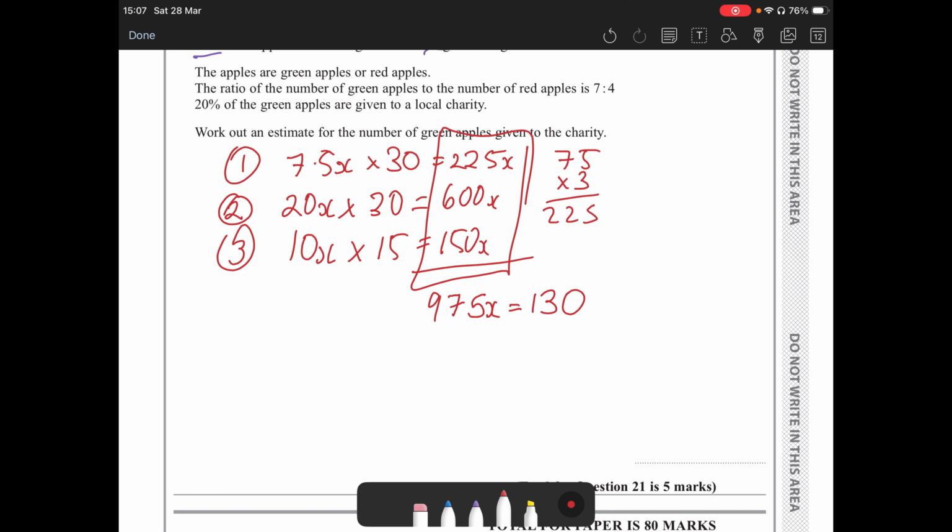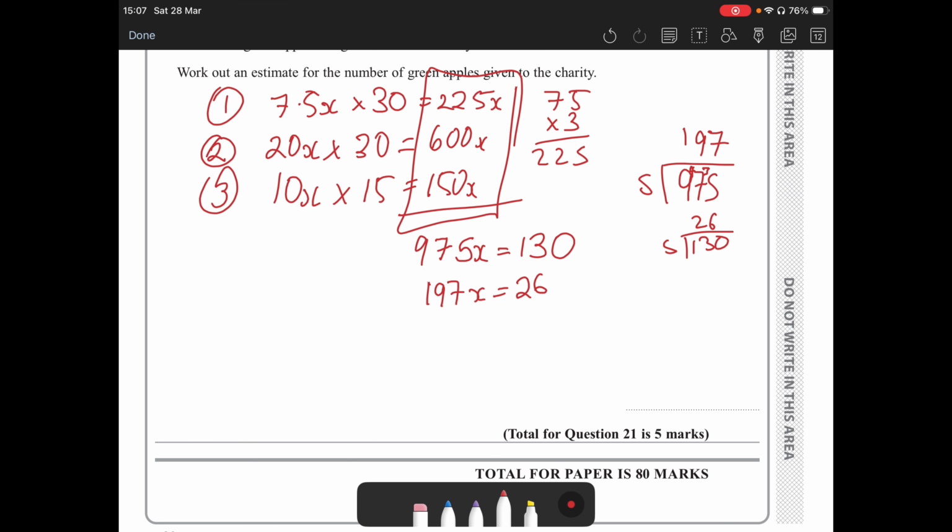Right, so let's simplify this. How far can we get by dividing both sides by 5? 975 divided by 5, 195, 26, I think.